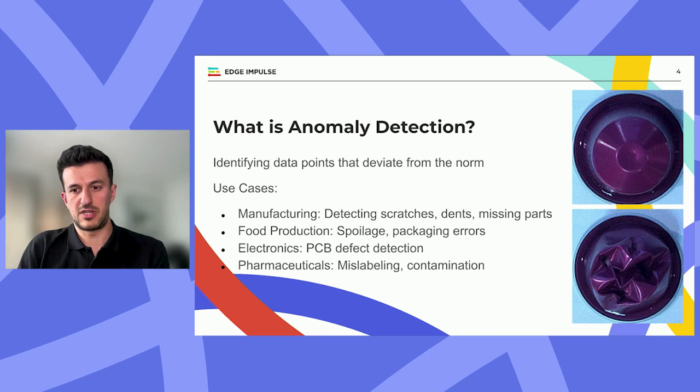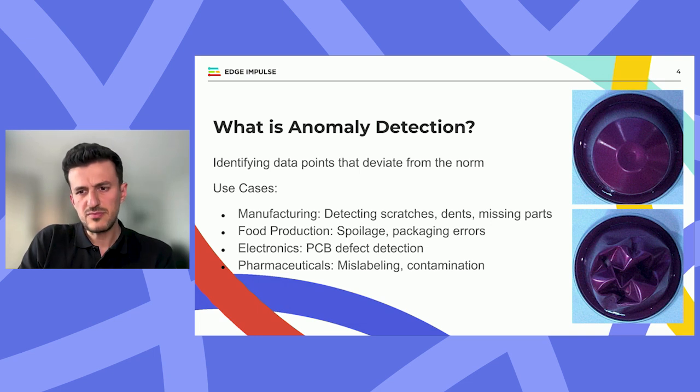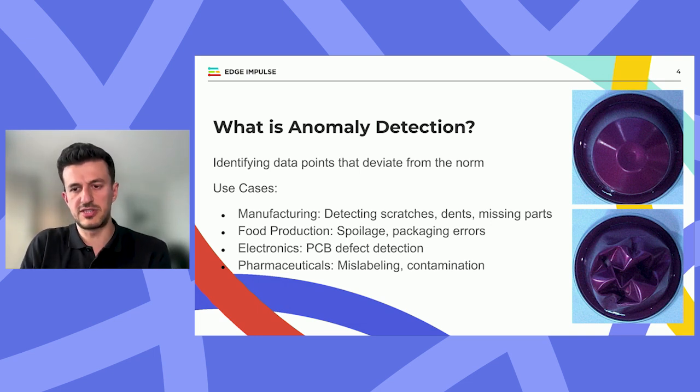You could just decide the use case and see wherever you need to detect if something is deviating from the nominal data, and you will get an alarm for it. So here in the picture, you can see the coffee capsules that I'm going to show you the project about, this one.